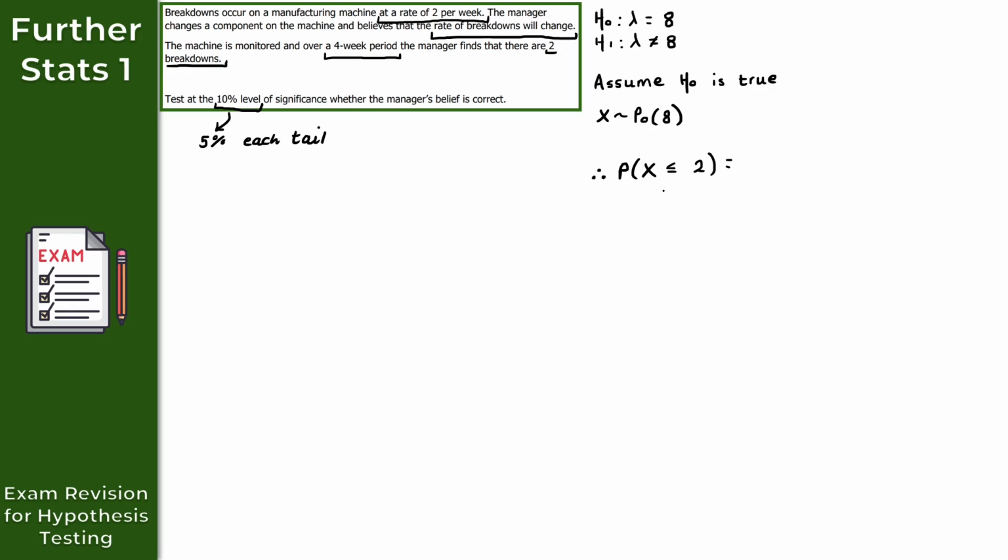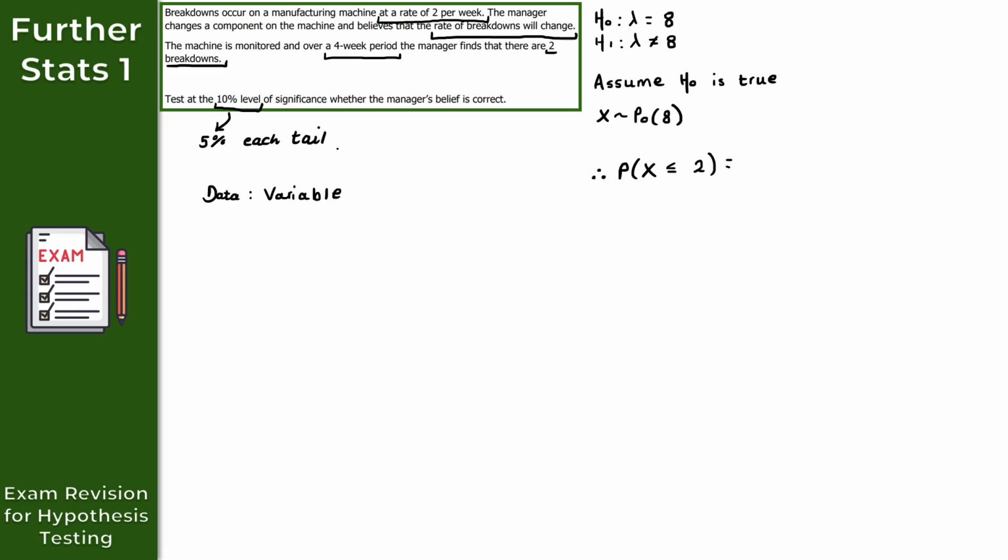And to find this probability, we're going to simply use our calculator. So we go into stats mode, distribution, Poisson, and PCD, as we have a cumulative probability. The data type is clearly a variable, so I'll note this over here: data type, variable.